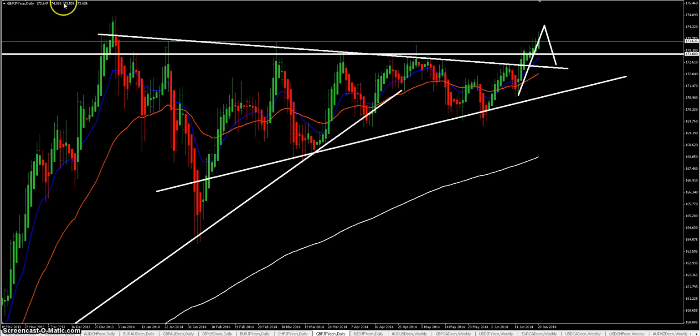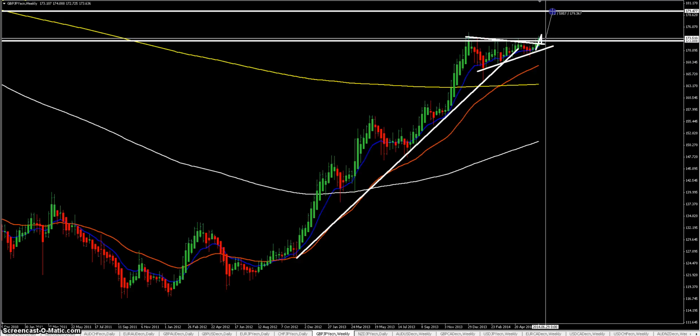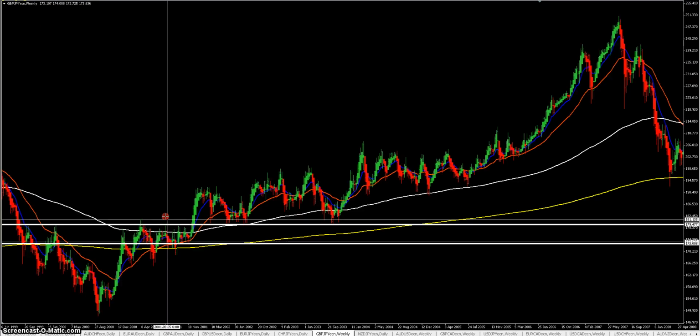On the GBP JPY, if you check the weekly, we have a big uptrend, but we have price in a wedge also, and it looks like it started to break here, that horizontal line. Next resistance is around 600 pips away. Previous highs and lows here.